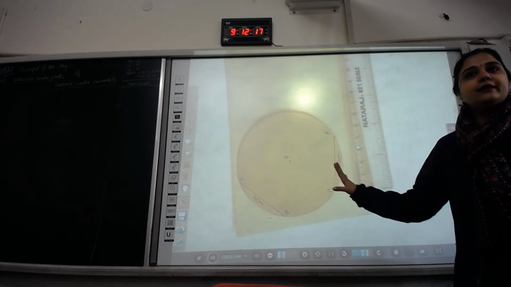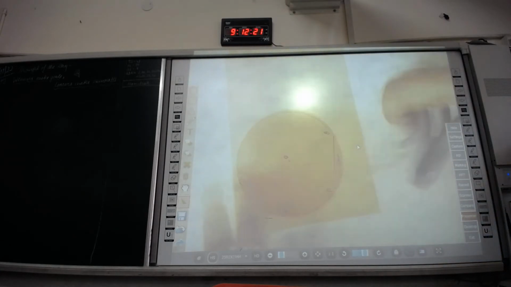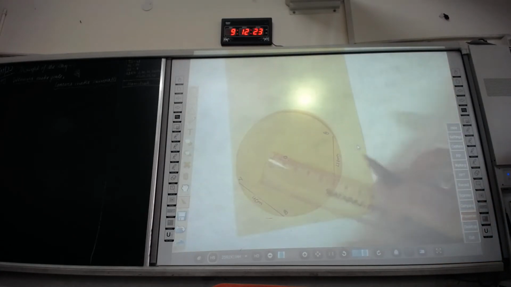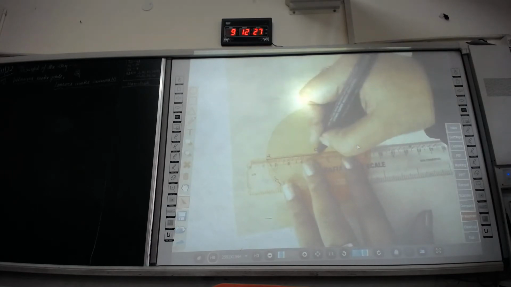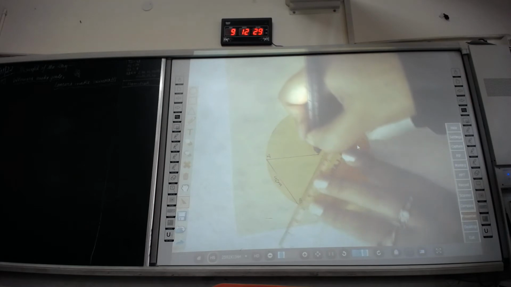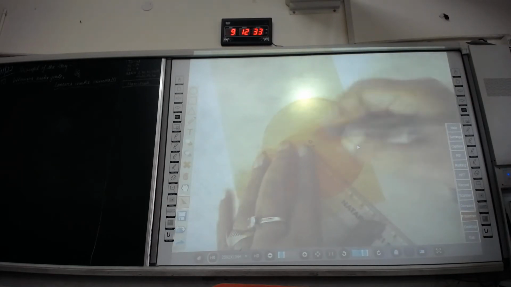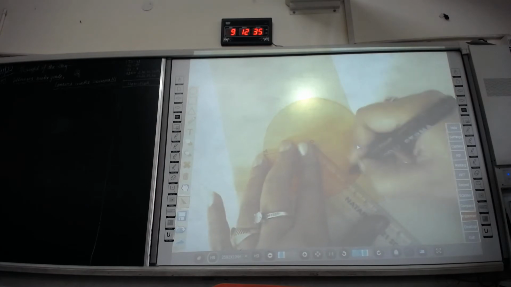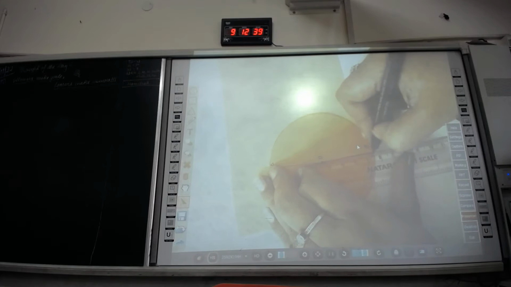Let us see first what will happen. So I am just joining these points, these endpoints of the chords, A to O, then B to O, then I am joining this P to O, and then this point Q to O, like this.